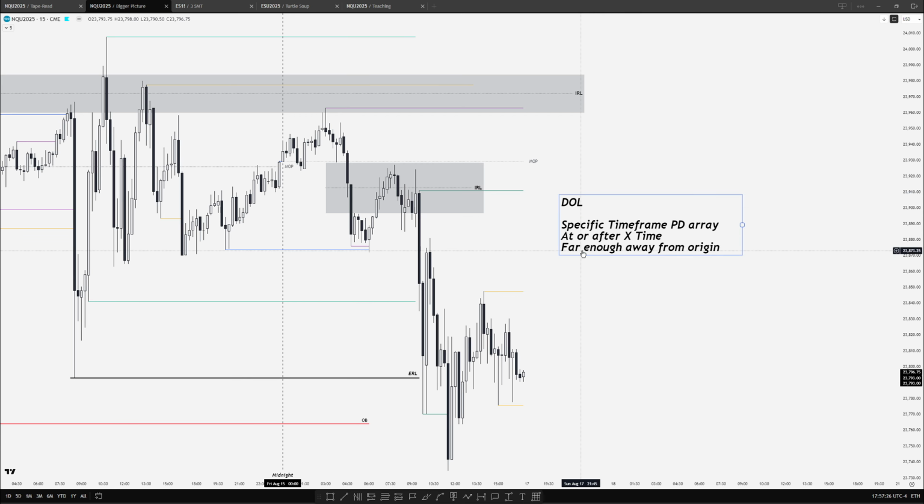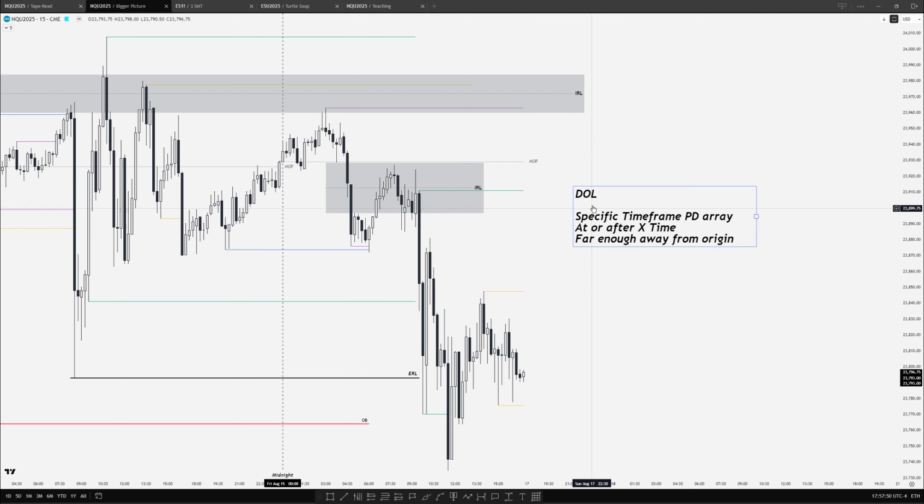Right? So in this case, the way we classify if a draw on liquidity is the quote unquote draw on liquidity, or in other words, when it's done expanding and you can no longer find entries, is we have to qualify them. It's not any swing low. It's not just some random 15-minute swing low or 1 hour swing low or 1 hour gap or 15-minute gap. It's going to be very precise.